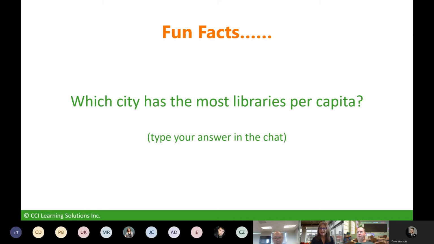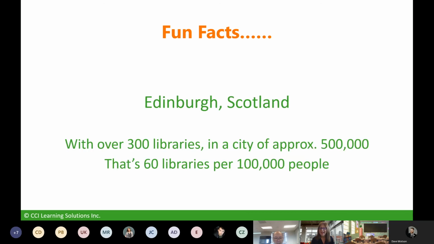Awesome, great answers coming in there. Okay, drum roll, please, Dave. Edinburgh, Scotland. Edinburgh is a city of about 500,000 people, and it has over 300 libraries. That's 60 libraries per 100,000 people.